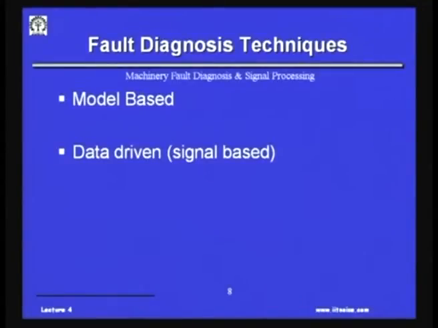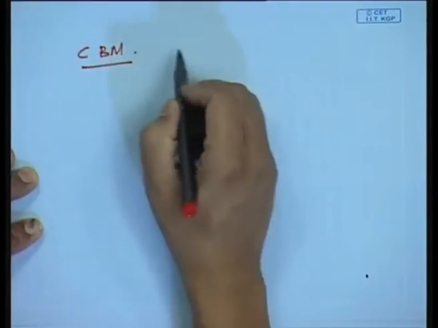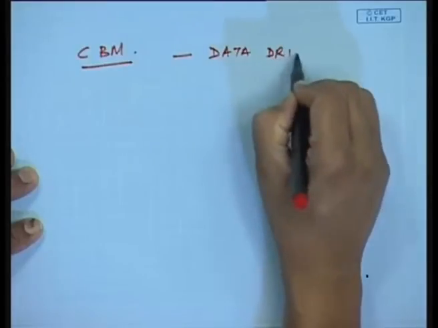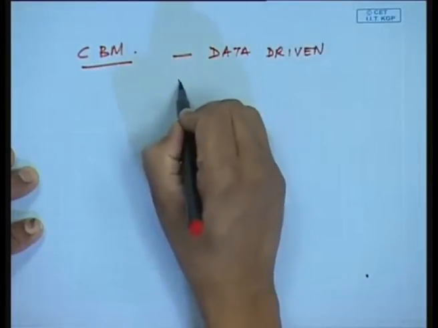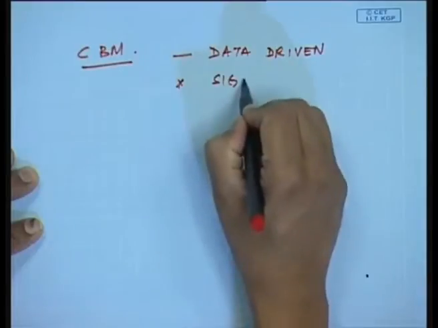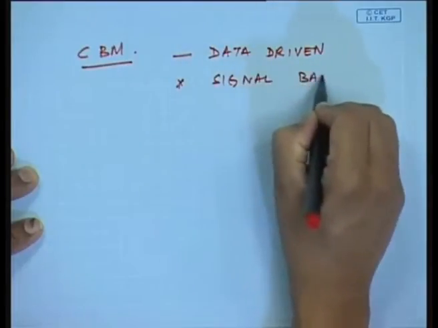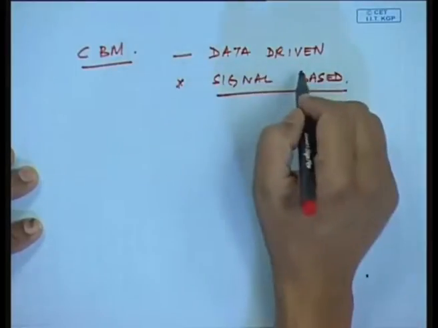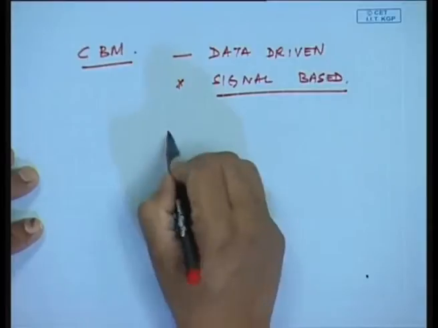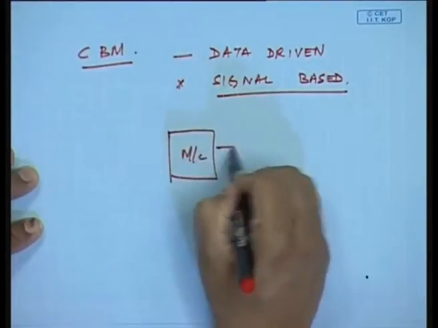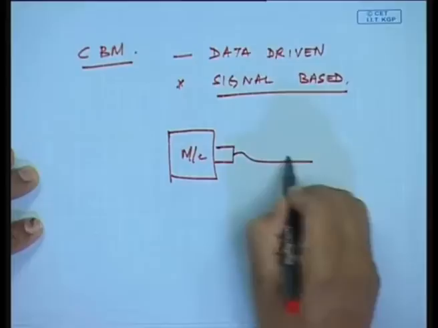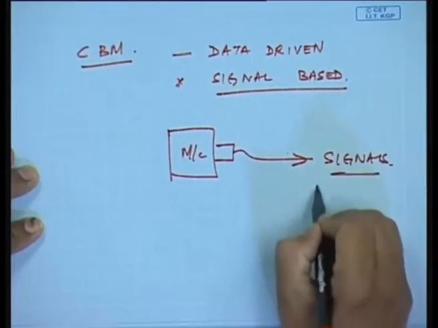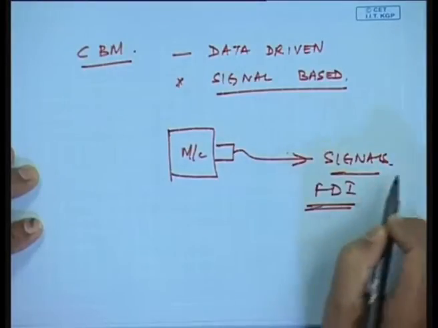However, in the present course on CBM, our focus will be mostly towards data driven, which is also otherwise known as signal based. This is very easy to understand, in the sense that I have a machine, I put a sensor and I get my signals, and the total FDI is done based on these signals.